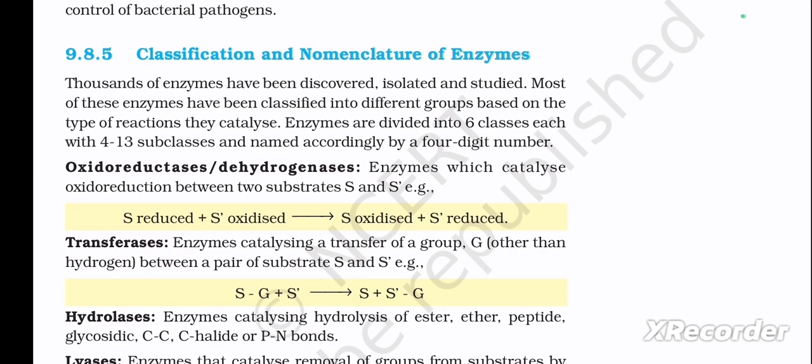Next, transferases: enzymes catalyzing a transfer of a group G, other than hydrogen, between a pair of substrates S and S1. Example: SG plus S1 gives rise to S plus S1G.